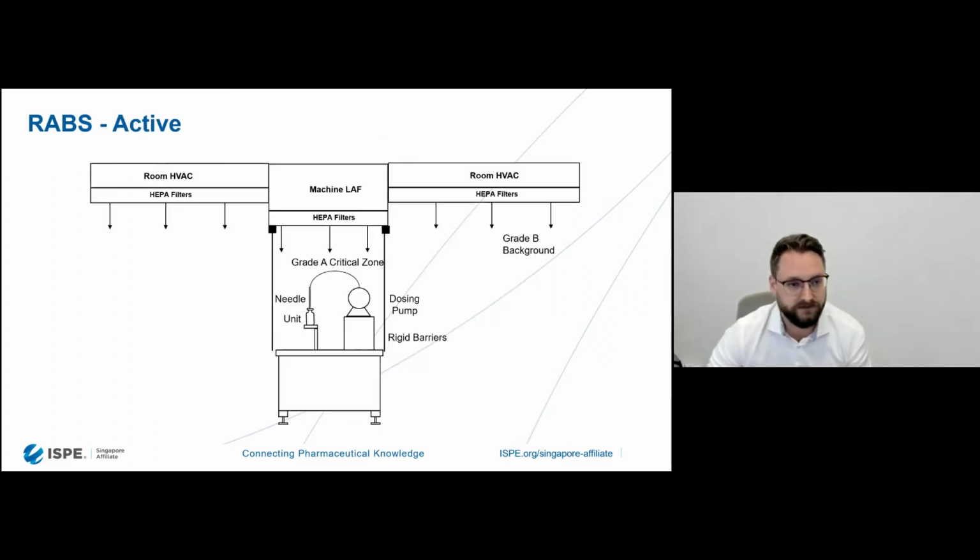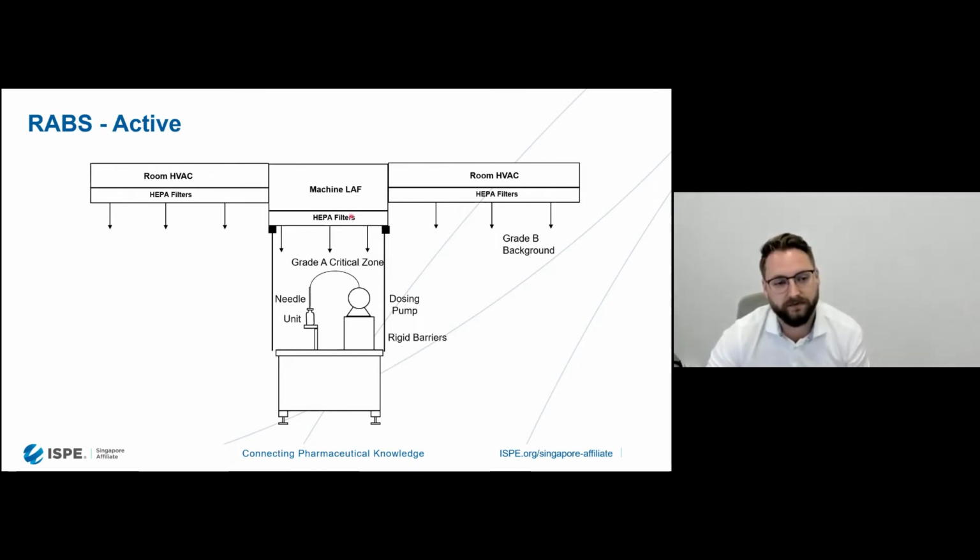So in active RABS, the difference from passive to active is the machine has its own air supply. It usually has an LAF, a laminar flow system that provides air specifically for the inside of the RABS. This will help out the pressure cascade a little bit.